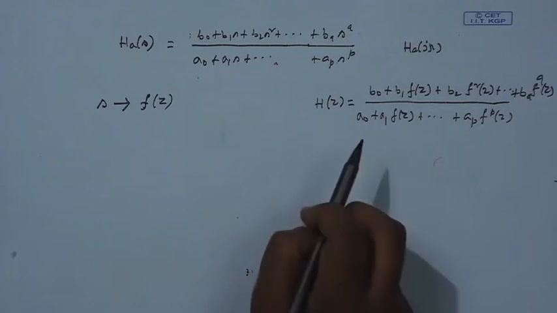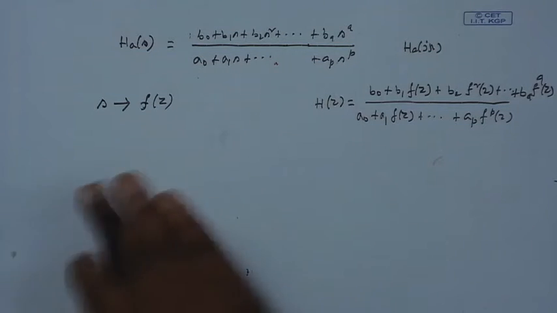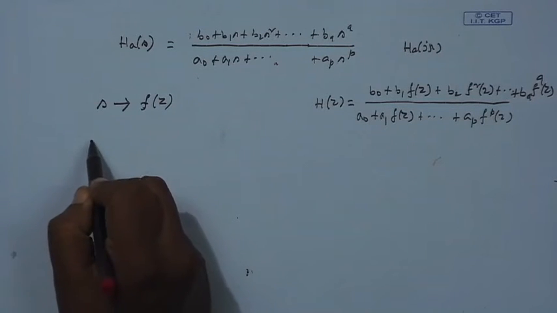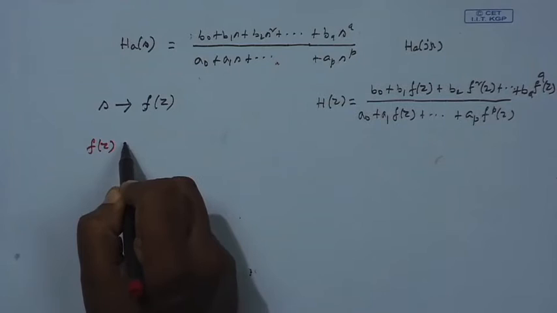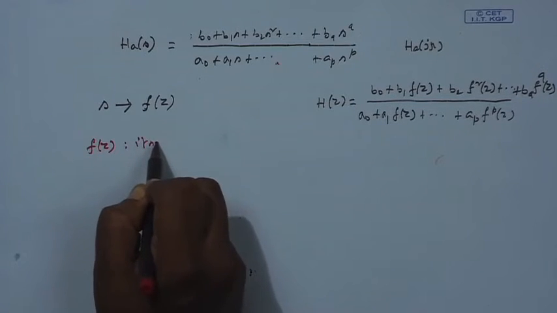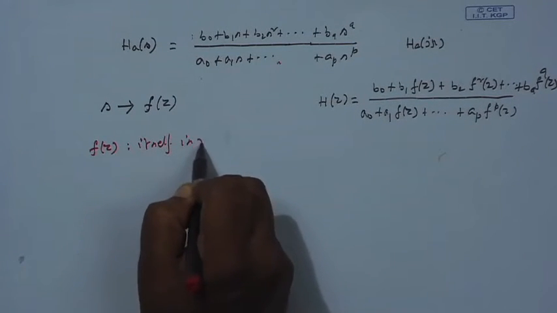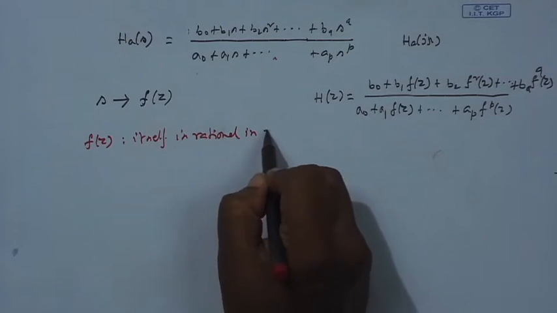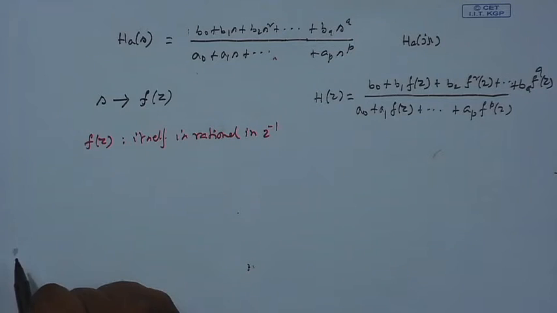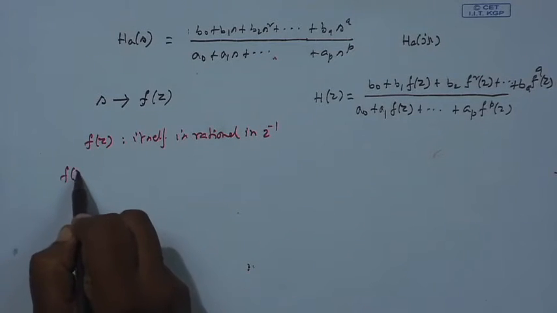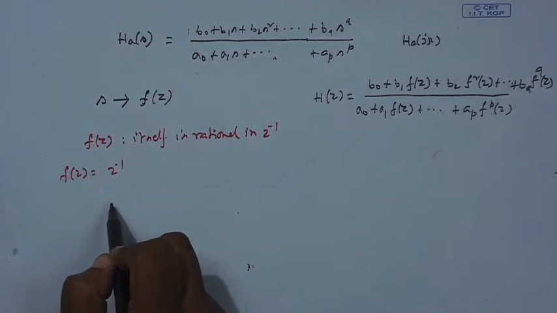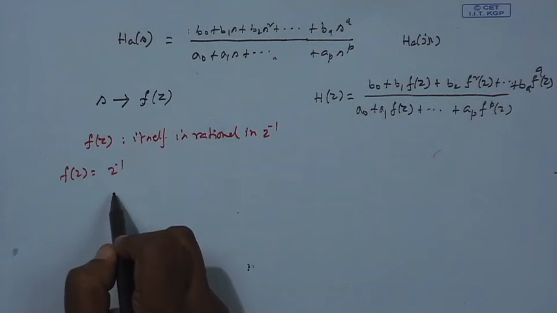It should be stable and causal firstly, and when it comes to frequency response, some more properties. But before that, let us see one thing: suppose f(z) itself is rational in z inverse. Like f(z) could be just z inverse, numerator polynomial z inverse, denominator 1.